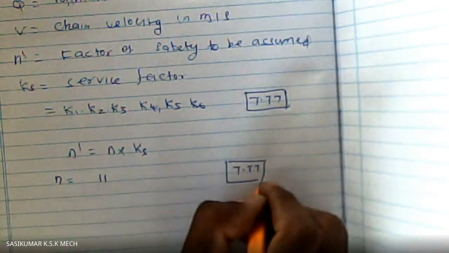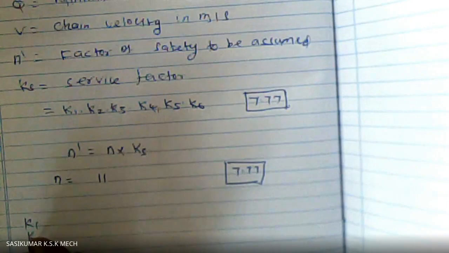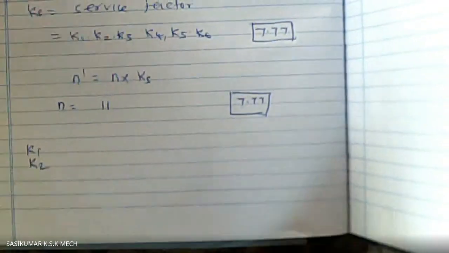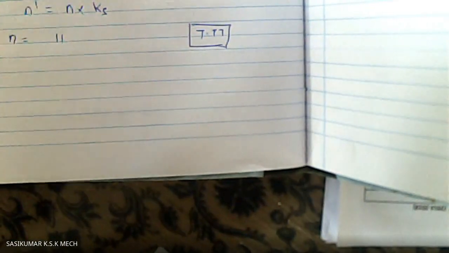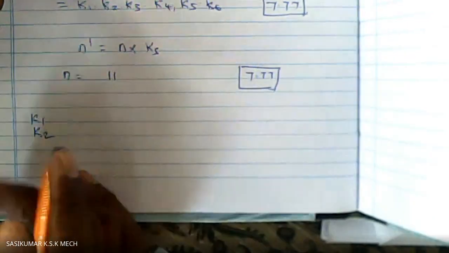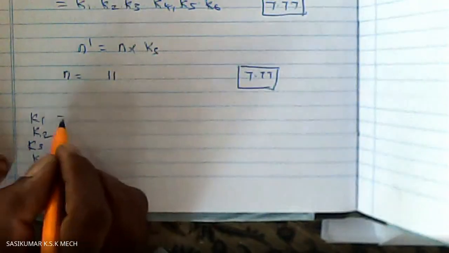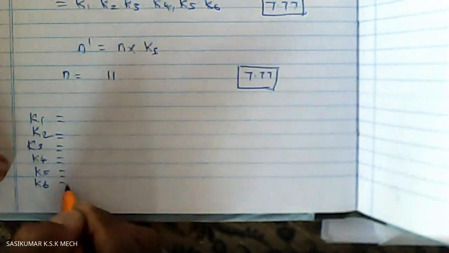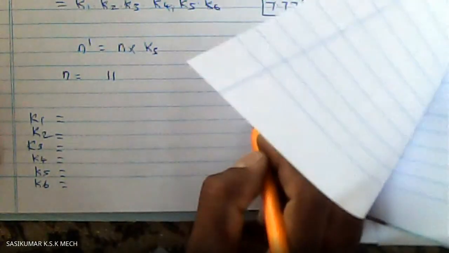For Ks you need to find K1, K2, K3, K4, K5, K6. These data are available on page numbers 7.76 and 7.77.